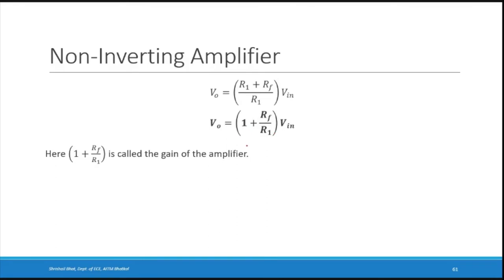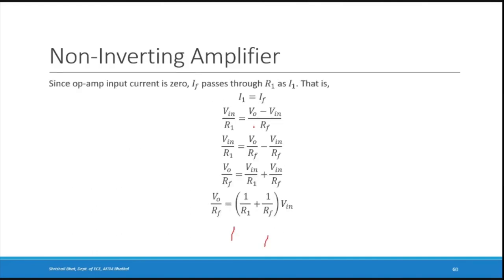I told you that we will study that non-inverting amplifier circuit in the third module. And why that gain is like this, we have seen with the circuit, and we have derived the equation for that output voltage.